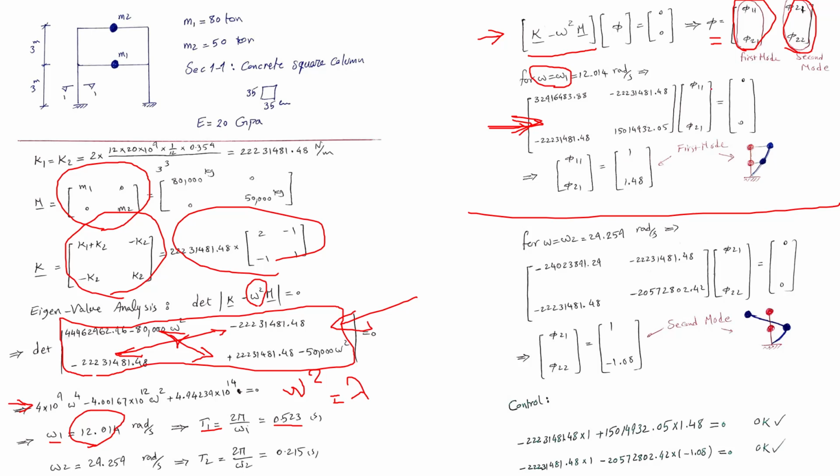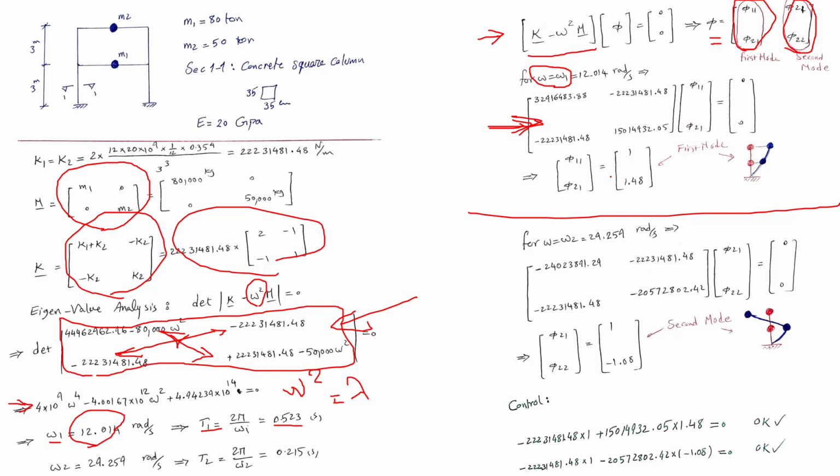And 0 and 0 are the obvious solution, which I'm not looking for, because 0 and 0 means no movement, no deflections. I'm looking for a non-obvious solution for this system of equations.